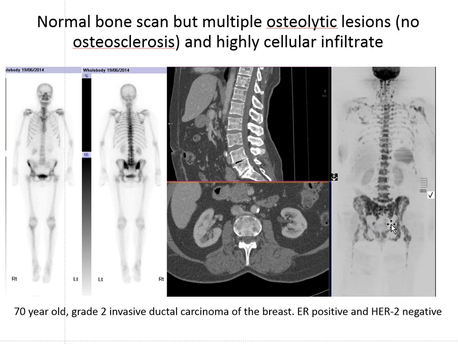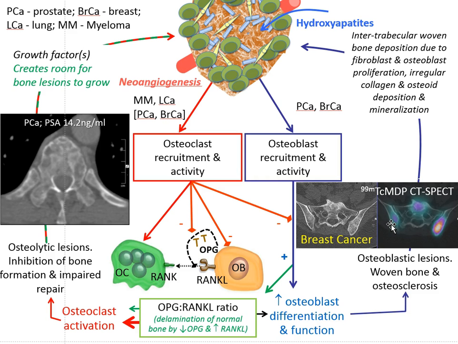This is a typical pattern where you have mostly osteolysis but very little osteosclerosis, so the bone scan is negative. So essentially we have this pathway activated, leading to osteolysis.